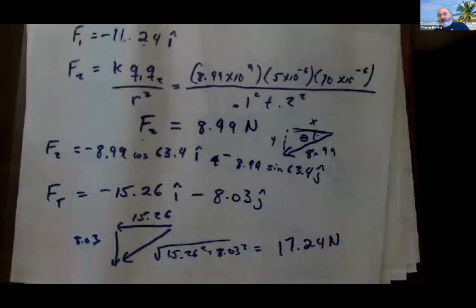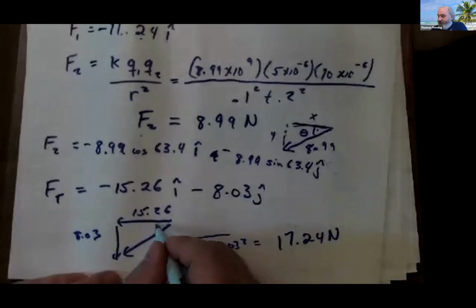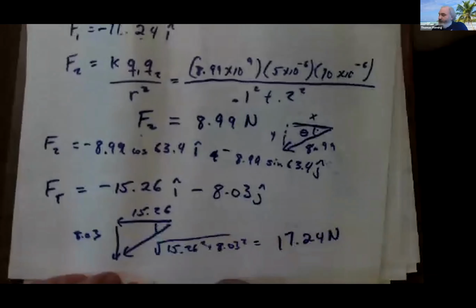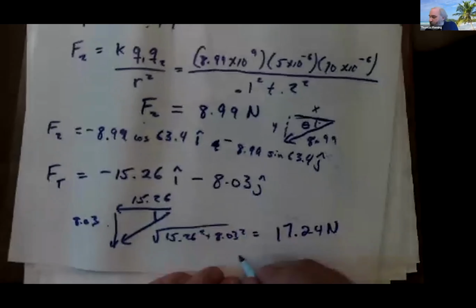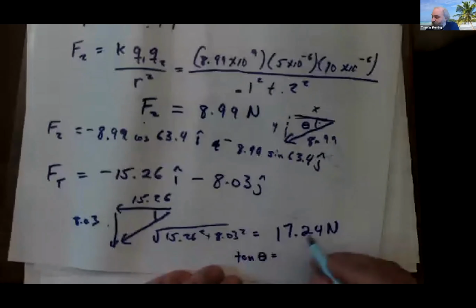And what direction is it? It's down and to the left, but I'd probably specify with an angle. How would I get that angle? Opposite over adjacent. So the tangent of my final answer is going to be 8.03 divided by 15.26. So therefore, theta equals what?